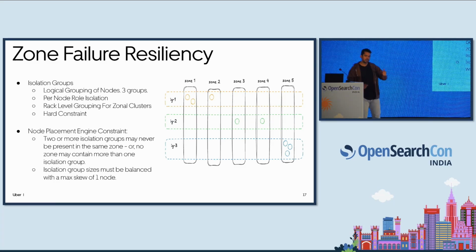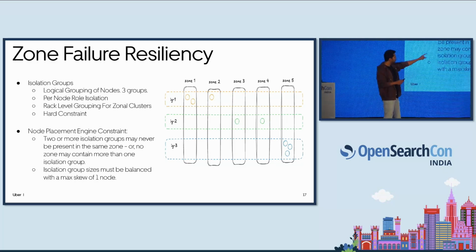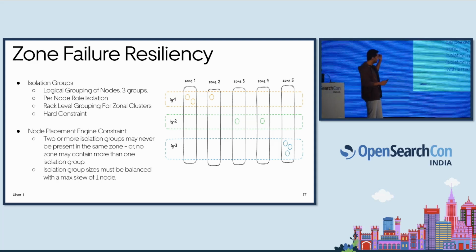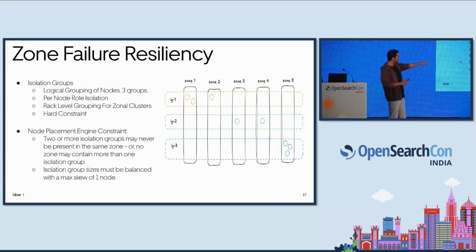Now, to assign these isolation groups, I will define 2 constraints. The first constraint is that 2 or more isolation groups may never be present in the same zone, or vice versa. No zone should ever have 2 isolation groups. So that's the first constraint. The second constraint is that isolation group sizes must be balanced with a max skew of 1 node.